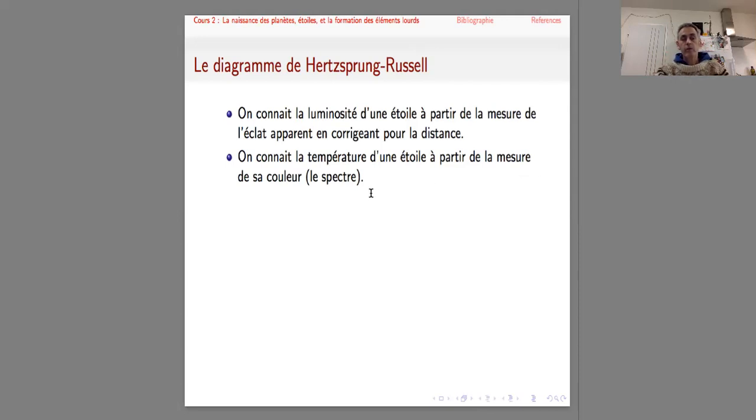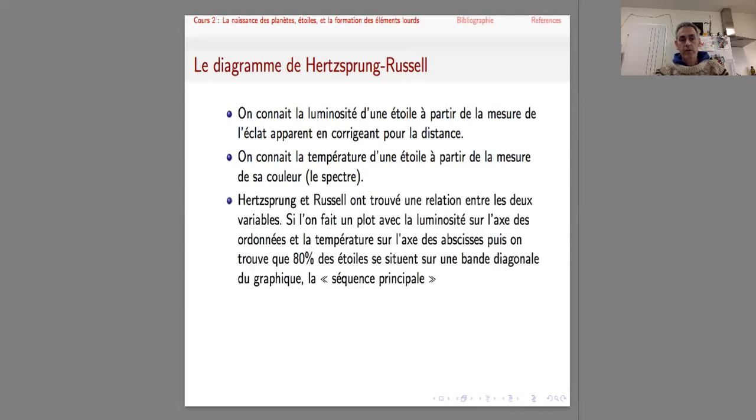Okay, so we have these two variables that astrophysicists measure with their telescopes, and if we plot these on a diagram, we find that there's a strong relationship, and this was first discovered by Hertzsprung and Russell.